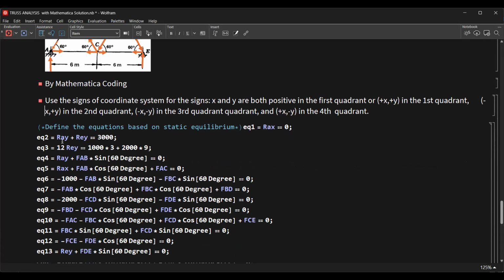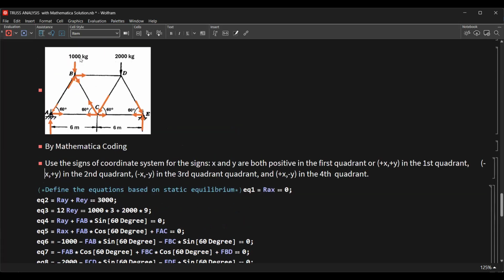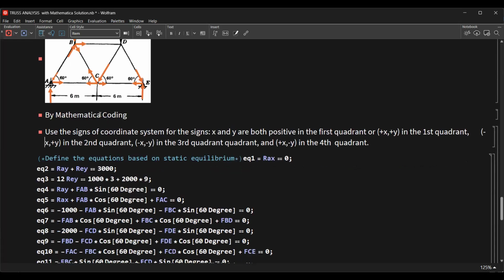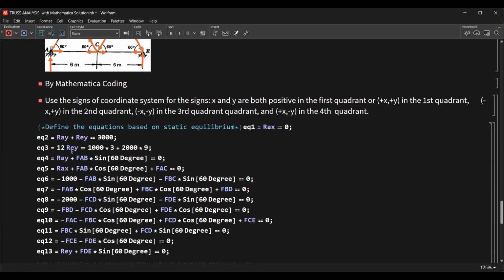So we have here the reacting force at A in the y direction, and that is equal to 3,000: 1,000 kilogram plus 2,000 kilogram. Equation 3 here: 12 times the reacting force at point A is equal to the torque at the right side.